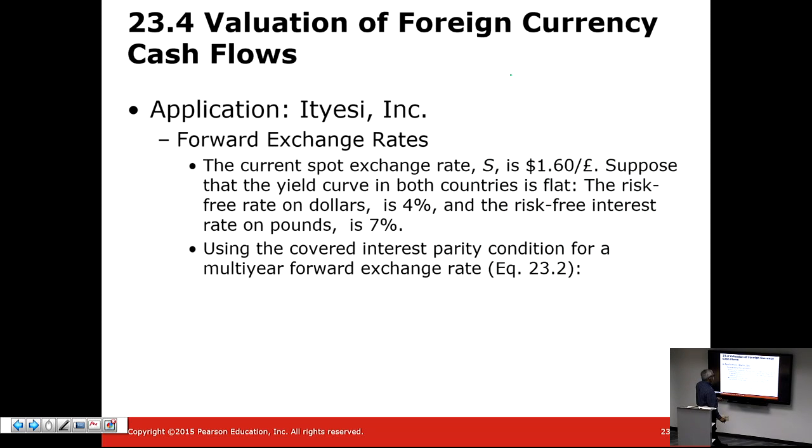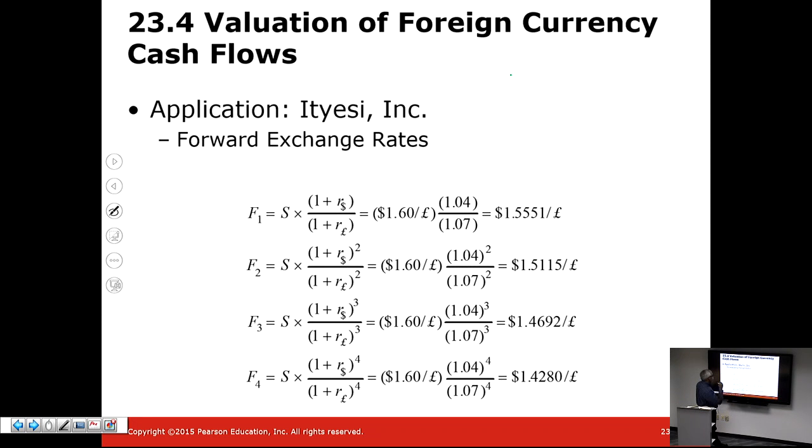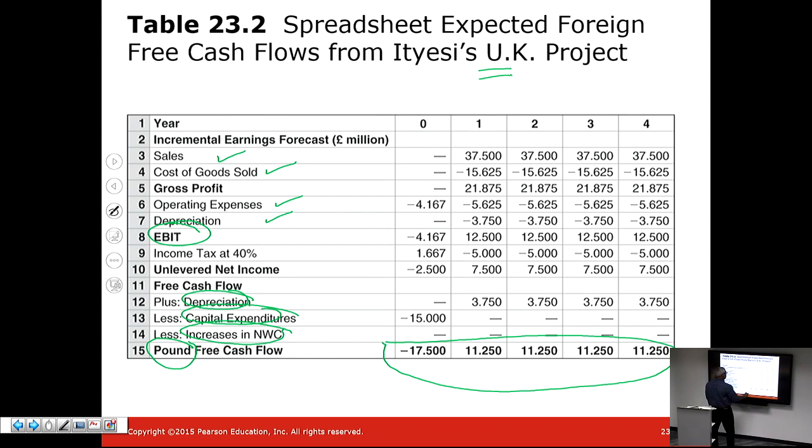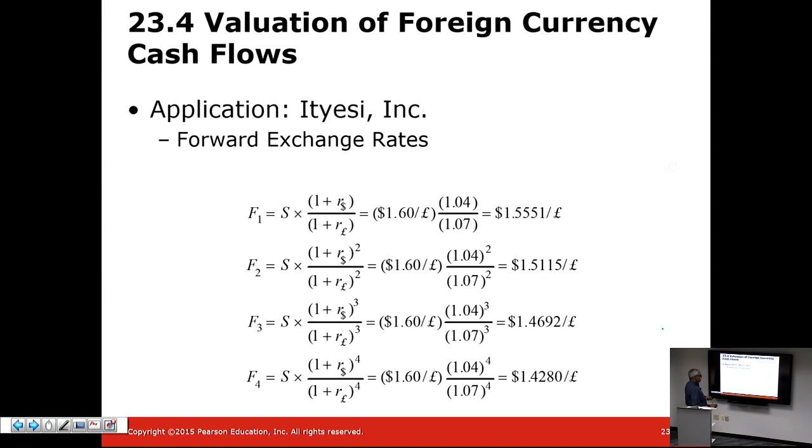So to calculate the net present value, I will take each of those pound cash flows and convert them into dollar cash flows using the forward market. So I will use the 1 year forward market, the 2 year forward market, 3 year forward market, 4 year forward market to convert these cash flows into dollar values and then take the present value of those dollars.